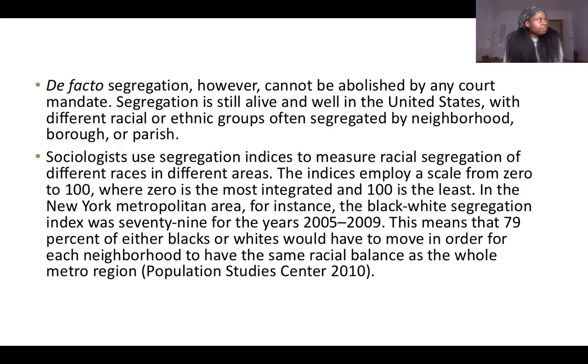If any of you have ever gone to LA County, that's an example. I used to live in California, not LA, but I've been through it. There are racialized boroughs. Okay, New York, racialized boroughs.